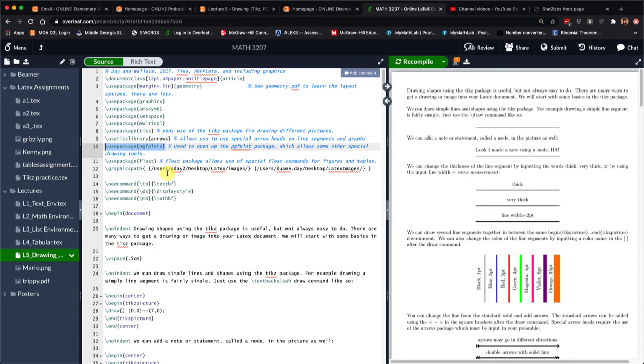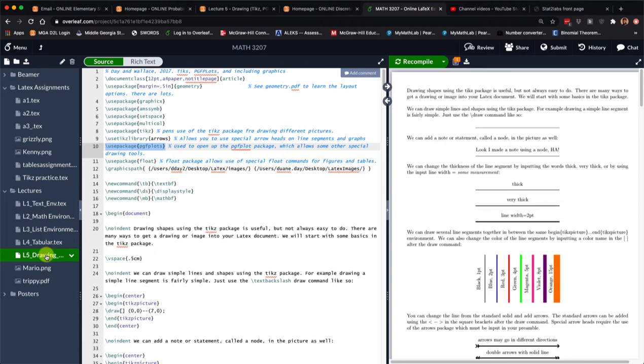It's very important that wherever you store your LaTeX file, so you notice over here I'm working on lecture 5 drawing, and then I have a PNG called Mario and a PDF called Trippy. Those have to be in the same folder, my lectures folder, as my LaTeX file is, in order for it to find them. Otherwise you get a blank image in those places.